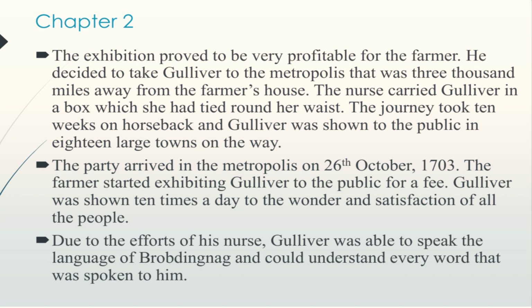The party arrived in the metropolis on 26th October 1703. The farmer started exhibiting Gulliver to the public for a fee. Gulliver was shown 10 times a day, to the wonder and satisfaction of all the people. Due to the efforts of his nurse, Gulliver was able to speak the language of Brobdingnag and could understand every word that was spoken to him.